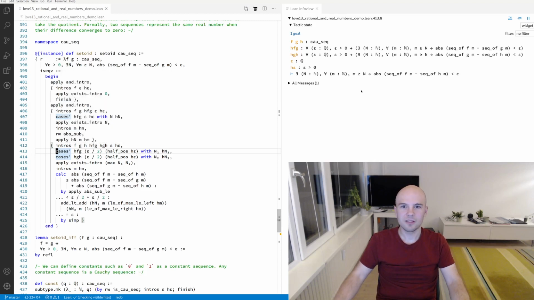Okay, so we take our assumptions and set epsilon for f g to epsilon half, and also for g h to epsilon half.